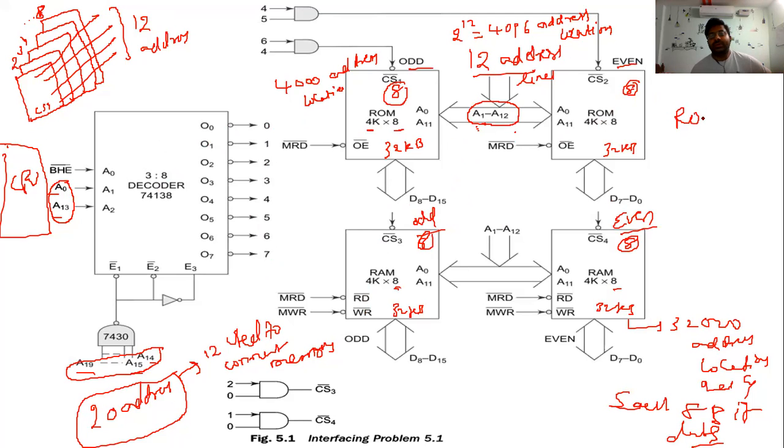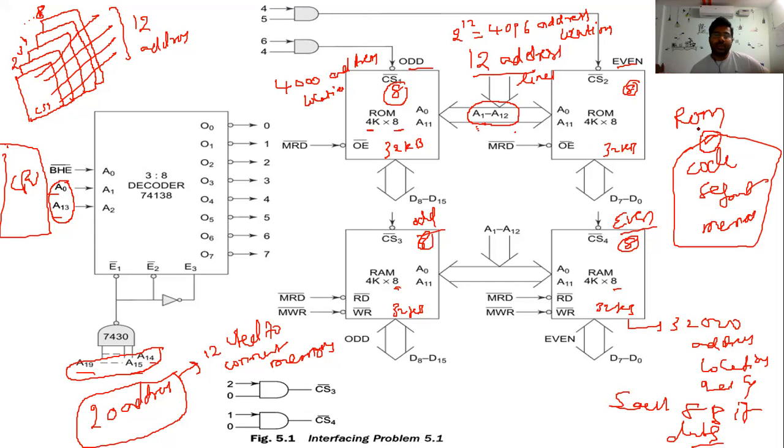ROM is always considered the code segment memory. Whatever the microprocessor needs, the mnemonic codes, are all stored in this code segment, so you need not erase those codes.